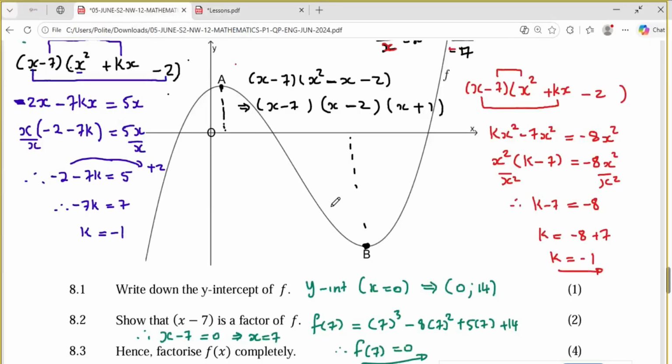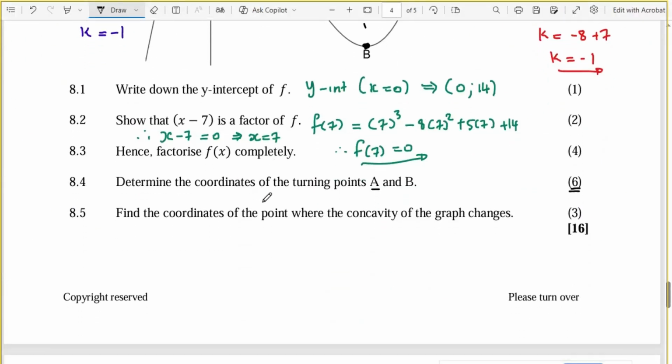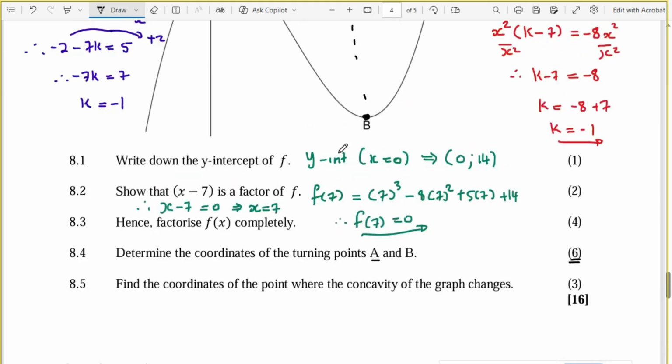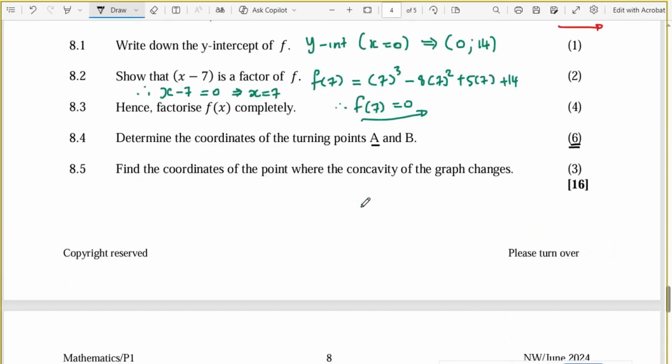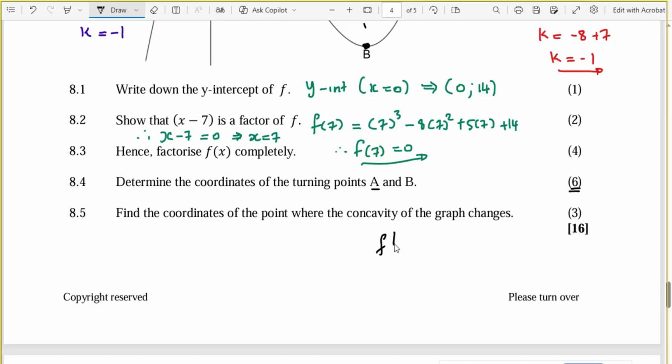Let me look at the next one, number 8.5. Find the coordinates of the point where the concavity changes. Remember, we just talked about this in the previous question. The concavity changes on the second derivative. So to find that point, you need to find the second derivative and equate that to 0. If you still remember, the first derivative was 3x squared minus 16x plus 5.